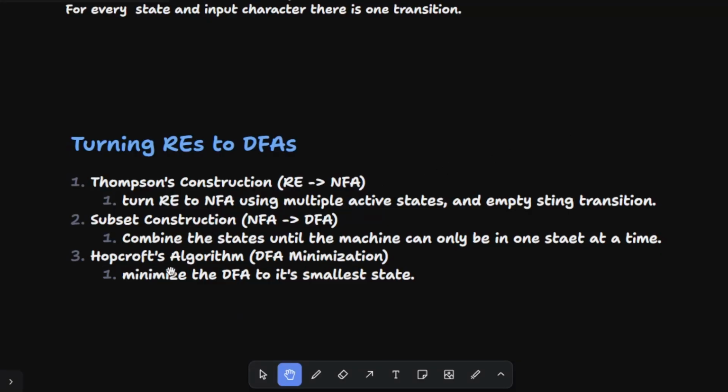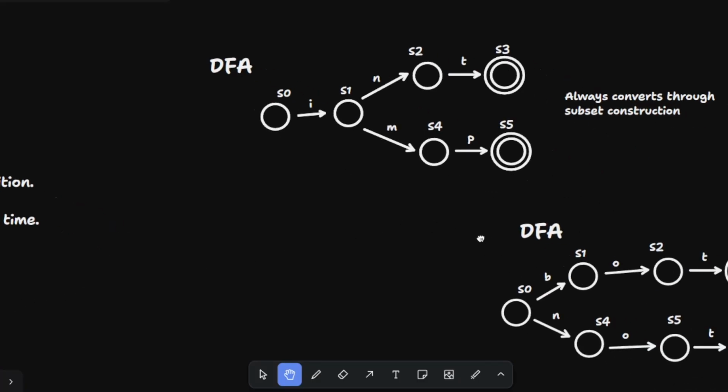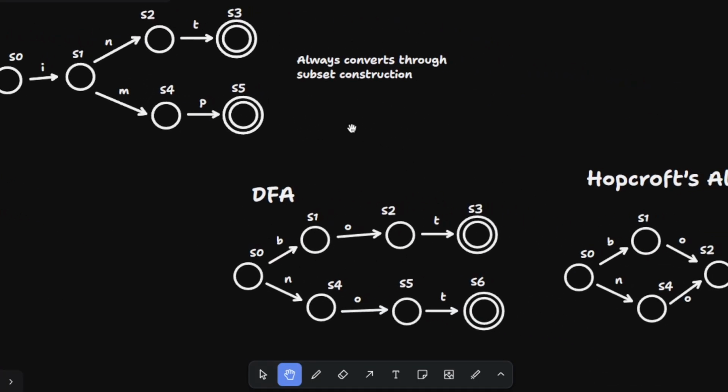And then we use Hopcroft's algorithm, which minimizes the deterministic finite automaton, right? And it provably minimizes the deterministic finite automaton to its smallest state, right? So an example of that is this. We have the deterministic finite automaton for the words bot and not, right? So we have B and N, they split to different states.